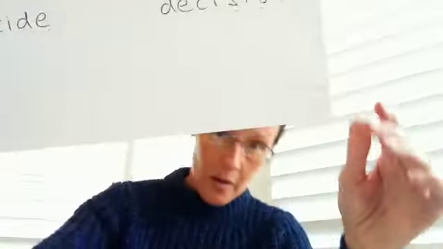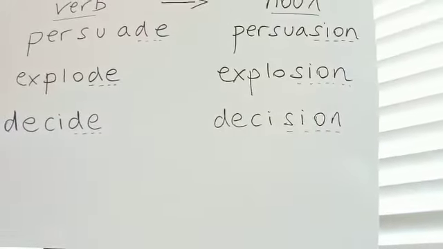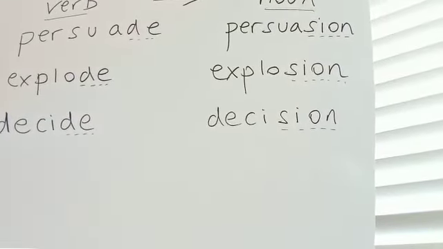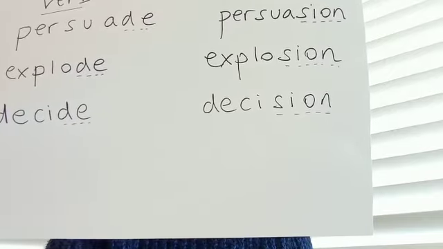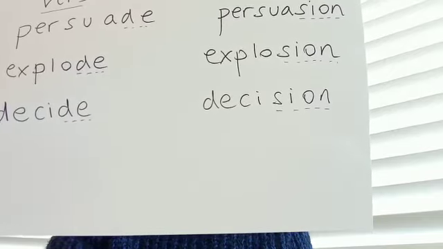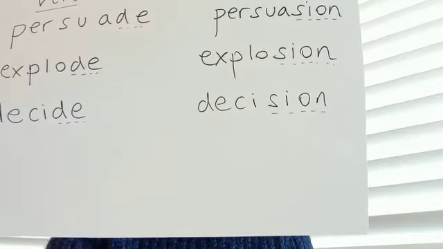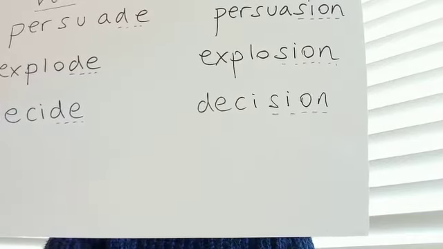There is a rule where lots of verbs ending in D-E change to S-I-O-N. Here's a few for you. Persuade becomes persuasion. Explode becomes explosion. Decide becomes decision. That might help you in future with those spellings.